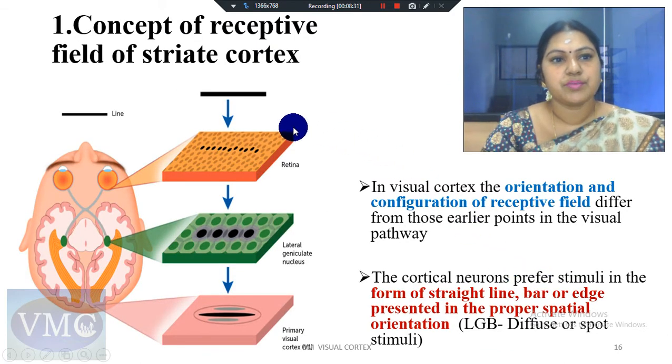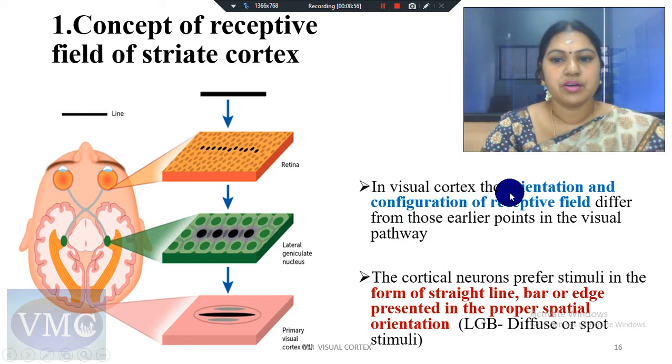First, we will look into the concept of receptive field of striate cortex. So what is a receptive field? The area of space from which light falls onto a particular cell, that is your receptive field. You have a receptive field in the retina, in the rods and cones, in the cells of the lateral geniculate body, and for the cells of your primary visual cortex too.